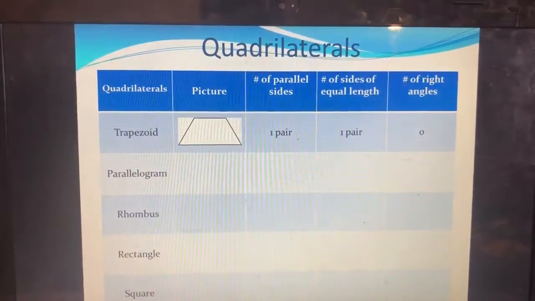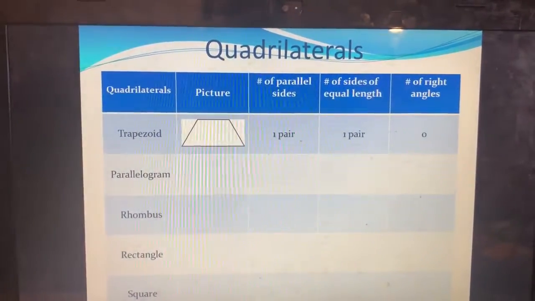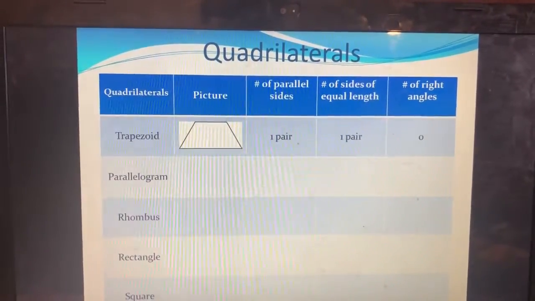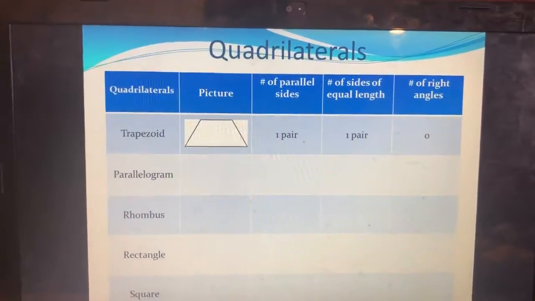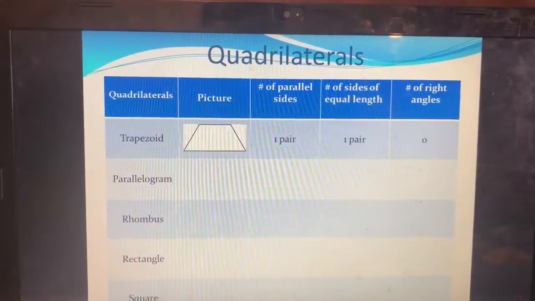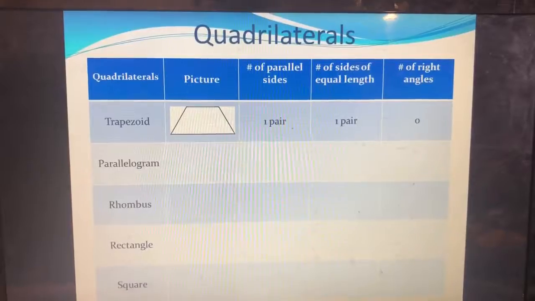And then if we look at the box of number of sides of equal length, we know that our sides are equal length, but our top and bottom sides are not. So we have one pair of equal length.